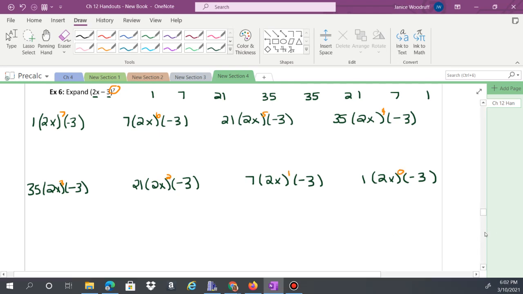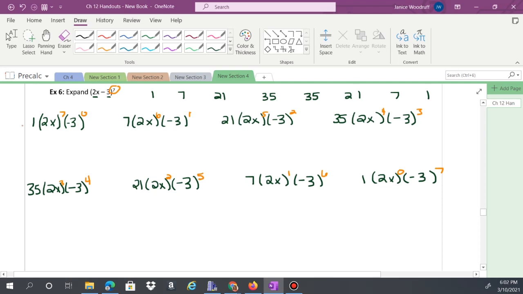If you have the right terms out, it should end in 0. Then go to your second term, start with 0, and count up. So 0, 1, 2, 3, 4, 5, 6, 7. Okay, so once you get that set up, then you can go through and multiply.